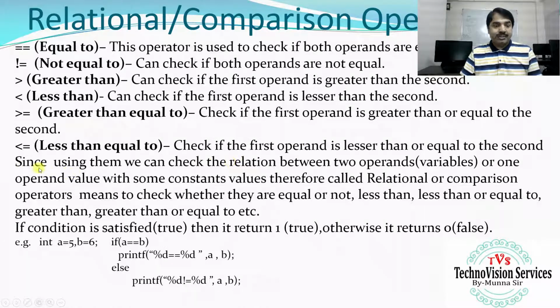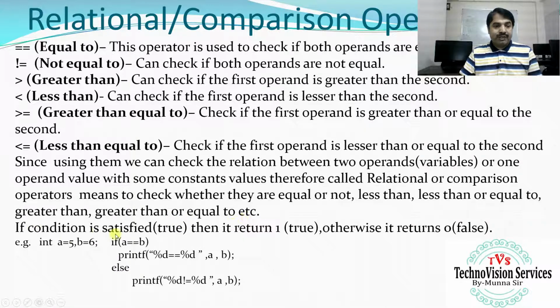Since using them we can check relations between two operands or variables, or one operand value with some constant value, therefore they are called relational or comparison operators. They check whether operands are equal or not, less than or equal to, greater than or equal to, etc.